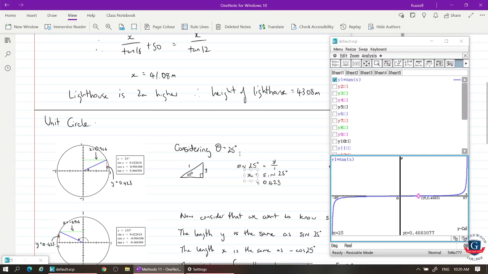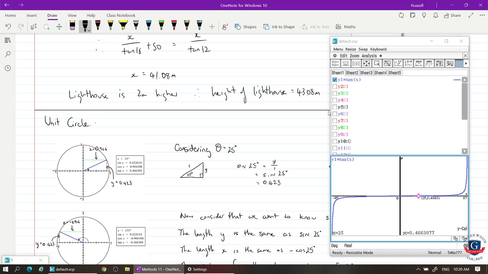It's not quite right, is it? Let's fix that up. Let's make that y. So y equals sine 25. If we measured this height using a ruler, knowing that this length is 1, that height there is 0.423. Thus we can get all the sine values that we need by measuring lengths and angles on a unit circle, and then using our trig ratios.